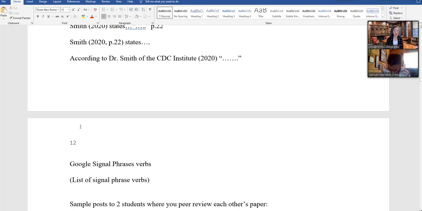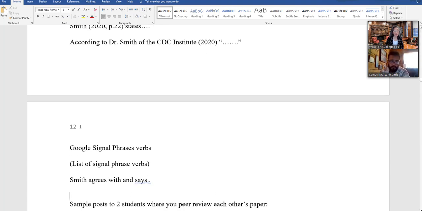So if I say that Fauci or whoever it is, Smith, agrees with and says, or Smith disagrees and says. Your list of signal phrases should have different kinds of verbs where you agree with it, and different kinds of verbs in which you disagree with it.